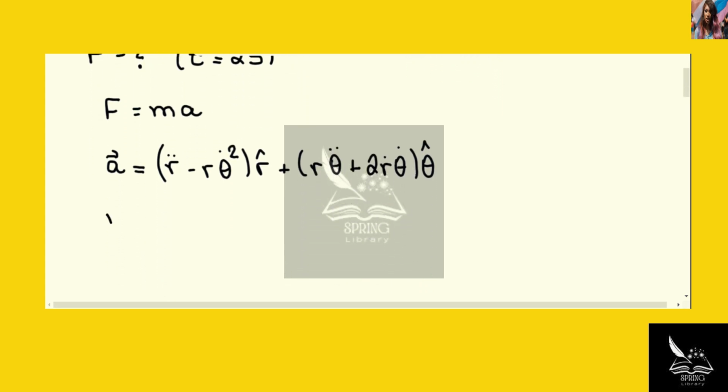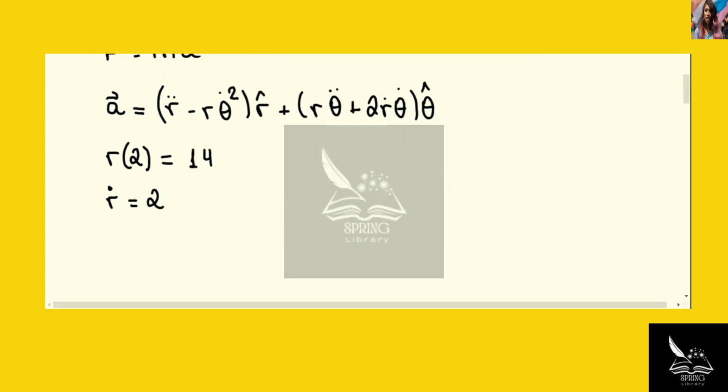Okay, so r for t equals 2 seconds is equal to 14. r dot is the derivative of r, that's just 2. So regardless of the time, r dot is equal to 2. And r double dot is equal to 0 because r dot is a constant.